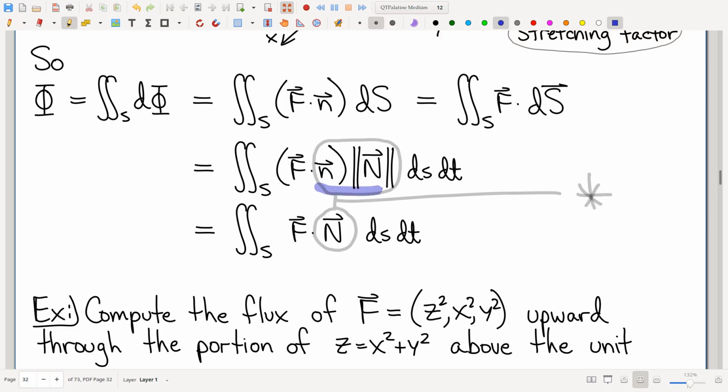I'm going to argue that this product, well, capital N and little n, they both point perpendicular to the surface. This product, therefore, is perpendicular to the surface and has the same magnitude as capital N. Wait a minute, capital N also points in the same direction and has the same magnitude as capital N. Looks like a duck, quacks like a duck.